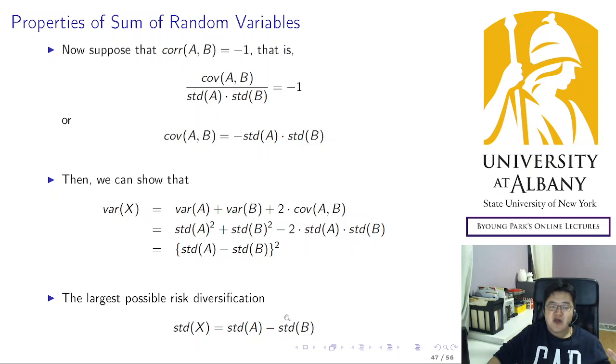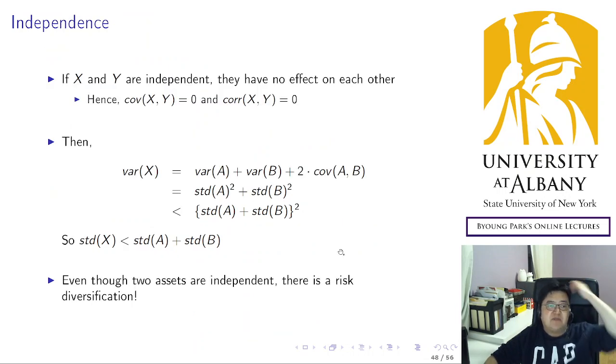So buying another asset B will simply reduce the risk as much as its standard deviation. So it's a perfect risk reduction, risk diversification, right? This is a very interesting illustration and consistent with your intuition and what you hear every day: diversify your investment and think about the risk, right? Of course, all of the analysis is based on statistics, so I'm just showing you the very basics of them.